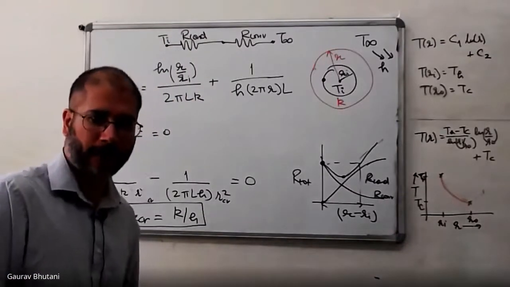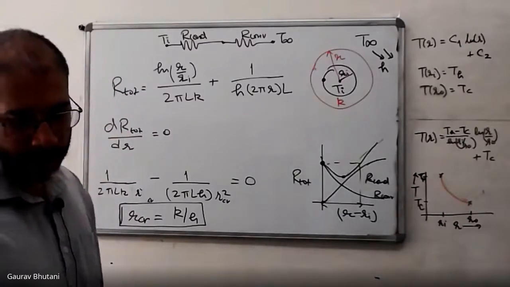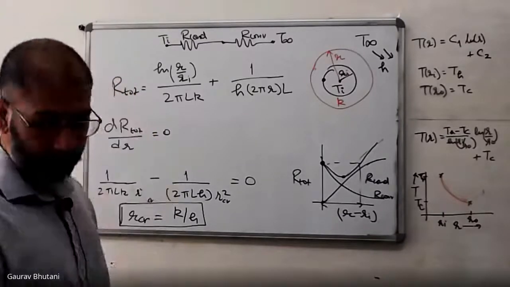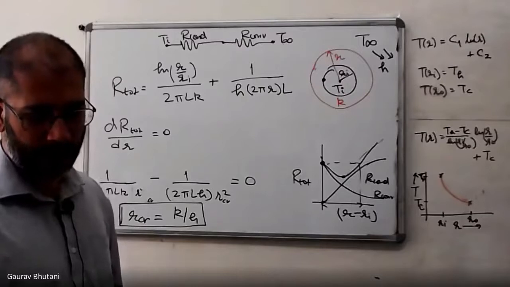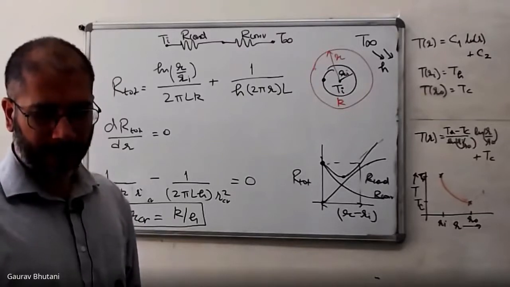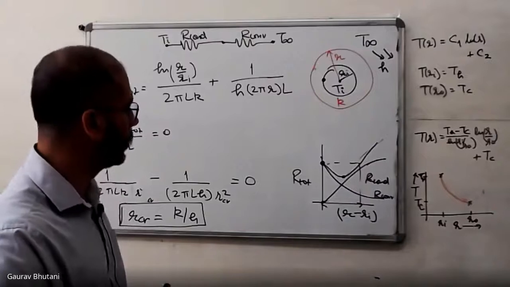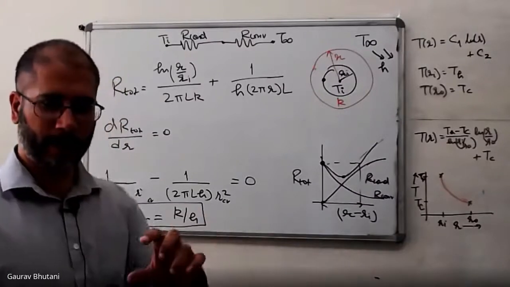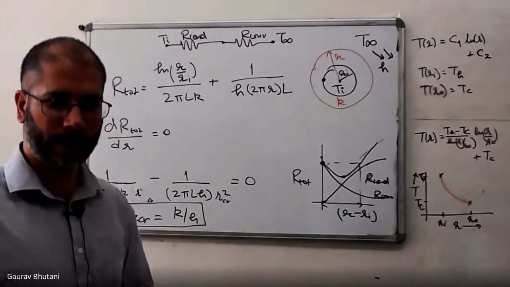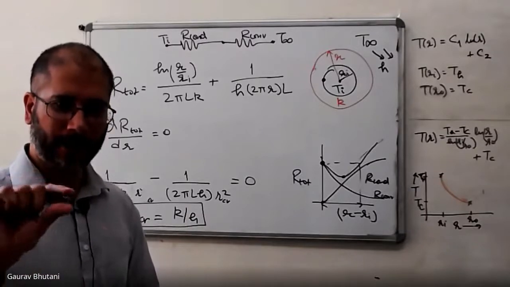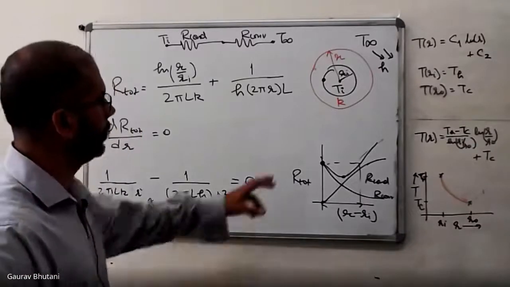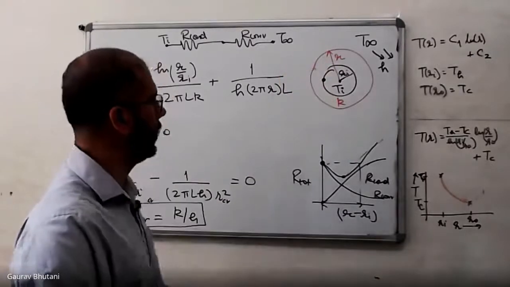It's very interesting, the idea of r critical. So let's take an actual situation. Your internal radius is 5 millimeters. You typically have these copper pipes which are 1 centimeter in diameter, small diameter pipes.